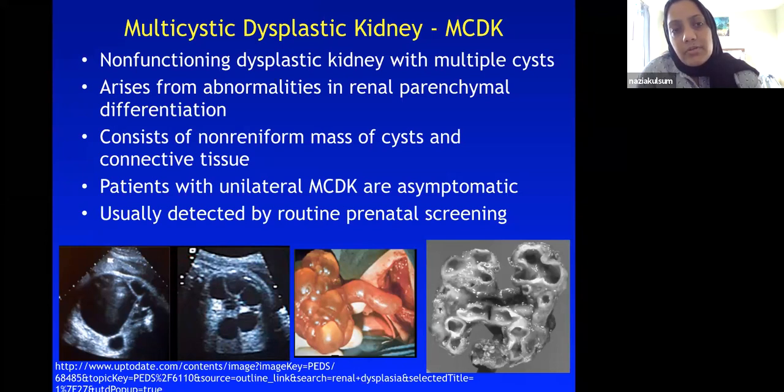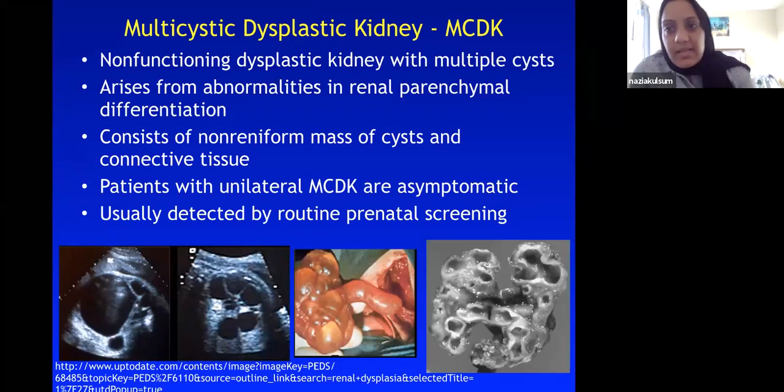So what we do now is, if it is not causing problems, meaning if the cyst is not enlarging too much, it's not causing pain, there's no hematuria, there's no urinary tract infections on that side, by which I mean if there is any reflux associated, there's no concern for unusual growth, tumors, we tend to leave these multicystic dysplastic kidneys alone.